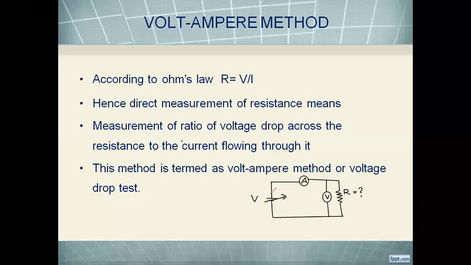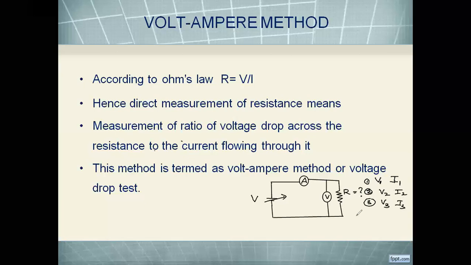What we do is we adjust the voltage, increase the voltage to some value, and take the reading of the voltmeter, say for one position of the variable voltage source. We got one voltmeter reading as V1 and the ammeter reading as I1. Similarly, you change the values of input voltage to two or three values, and get the voltmeter and ammeter readings for each condition.